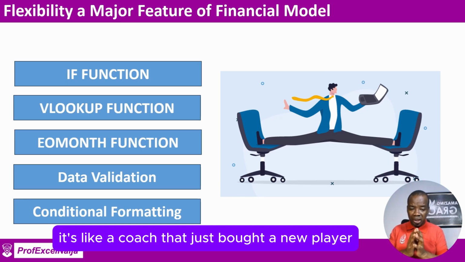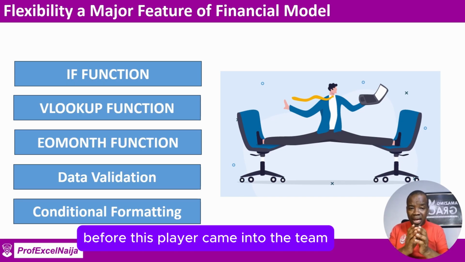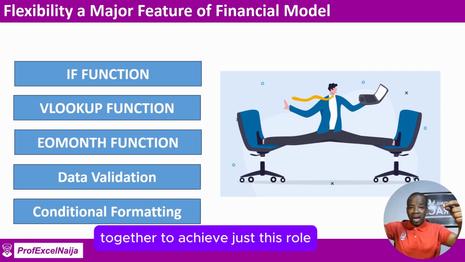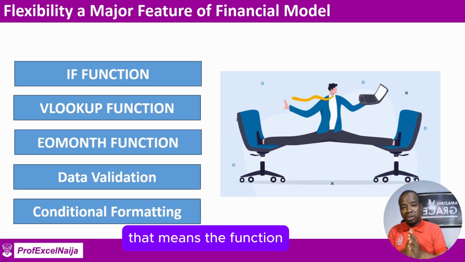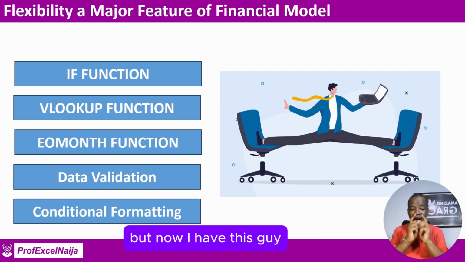But there's a new member of the team. It's like a coach that just bought a new player, a utility player. Before this player came into the team, I needed to combine many functions together to achieve just one role. But now I have this guy.